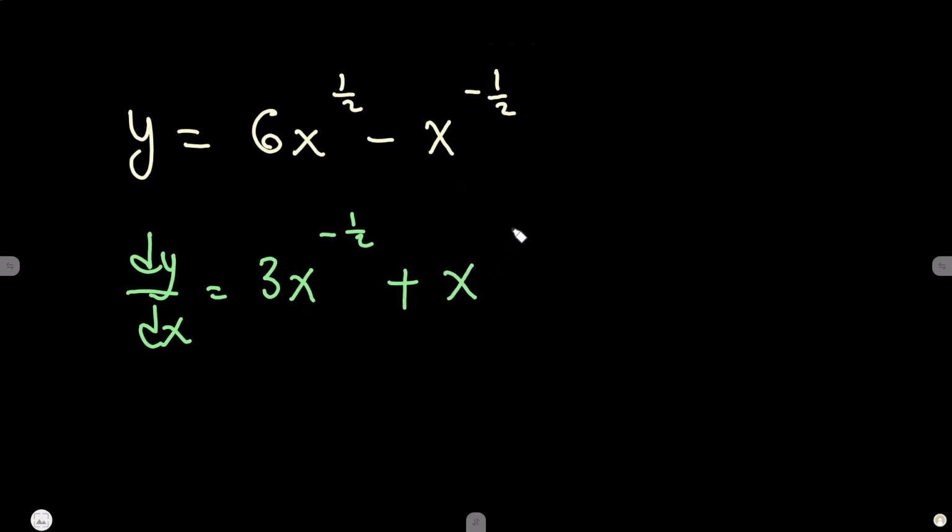So you're going to go x, and of course you subtract 1 from the power, and this definitely is going to give you minus 3 over 2. Now you might want to simplify.